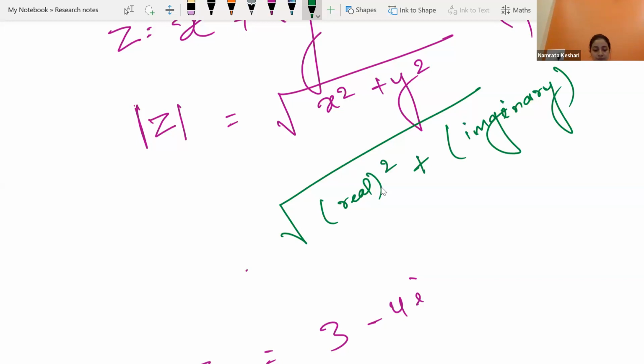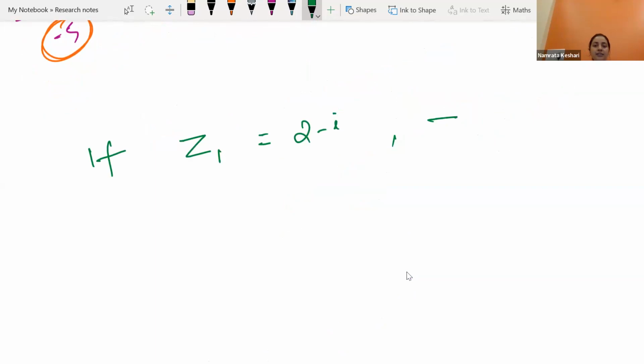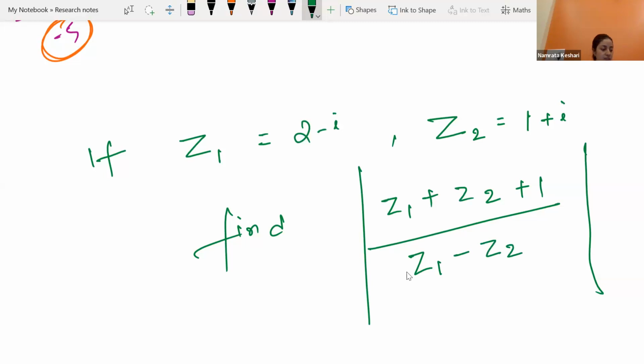If it is clear, then let's do this question. If z1 is equal to 2 minus i and z2 is equal to 1 plus i, find the modulus of z1 plus z2 plus 1 over z1 minus z2 plus 1. z1 is one complex number, z2 is another complex number.